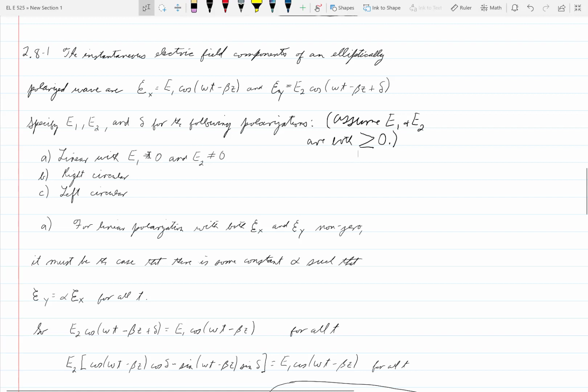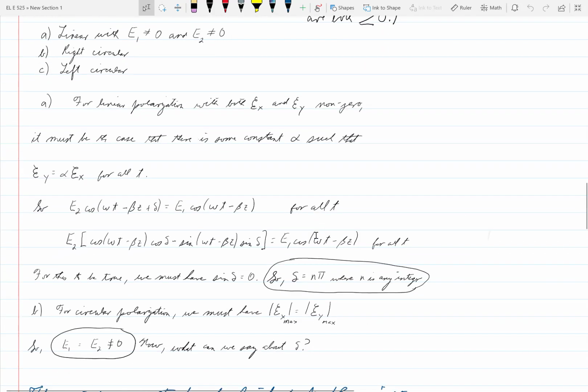But in this case, we have E1 and E2 both non-zero, and so the electric field is going back and forth along some line that is tilted with respect to the x and y axes.